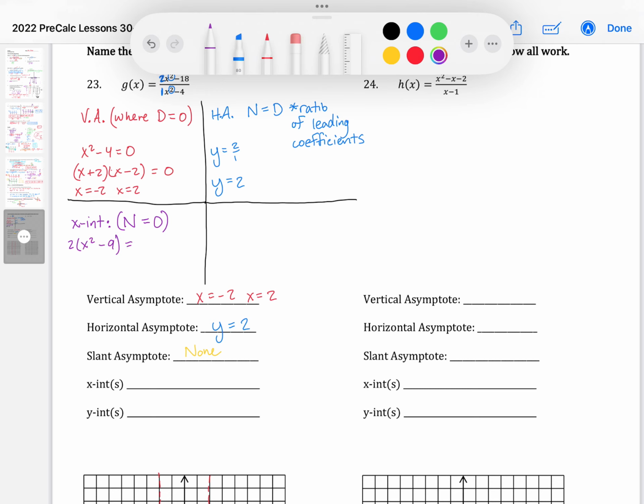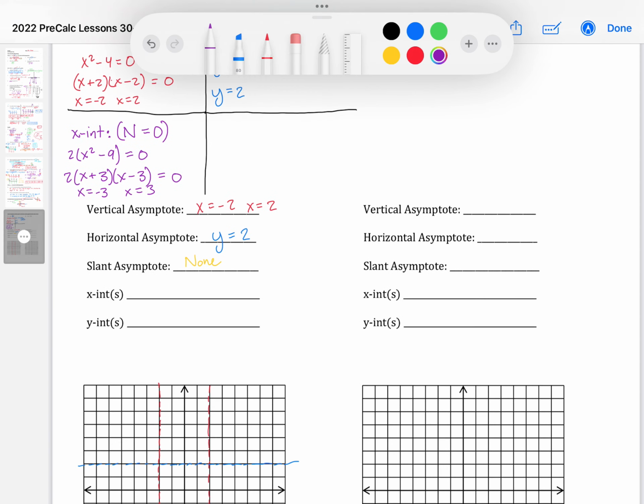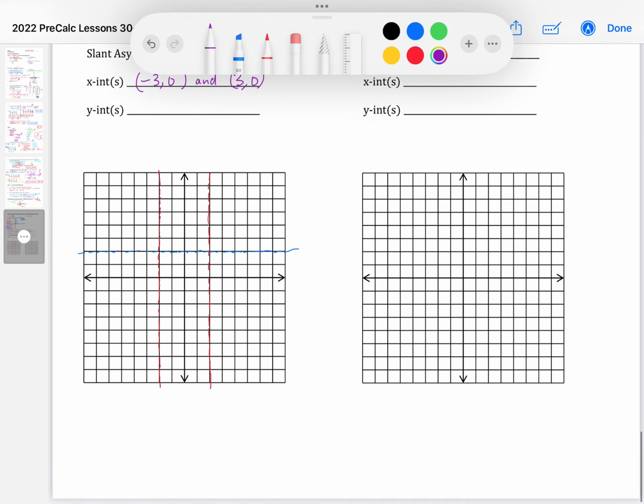Then I'm left with 2 times x squared minus 9 equals 0. And that, again, is a difference of squares, x plus 3, x minus 3. So I get x equals negative 3 and x equals 3. So if I wrote my x-intercepts as ordered pairs, I'd have negative 3, 0, and 3, 0. So on my x-axis, I have a point here and a point here.